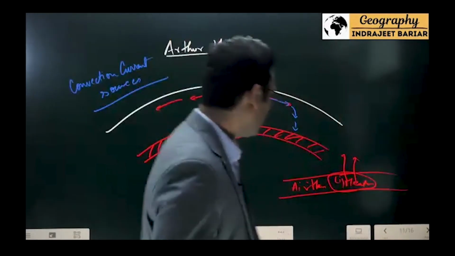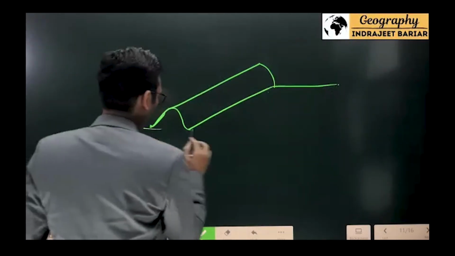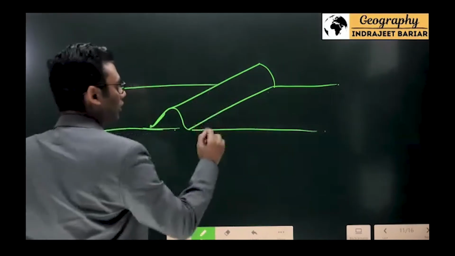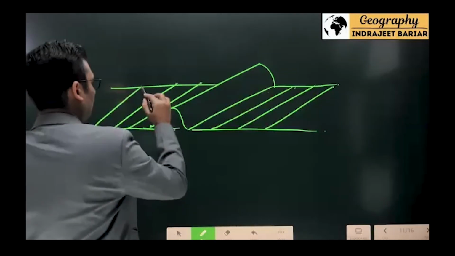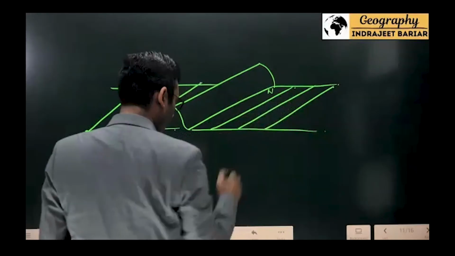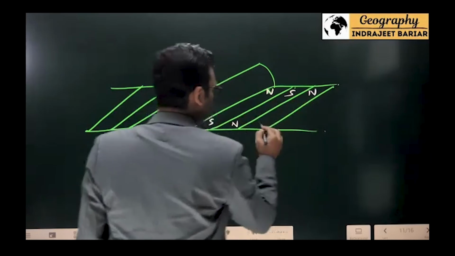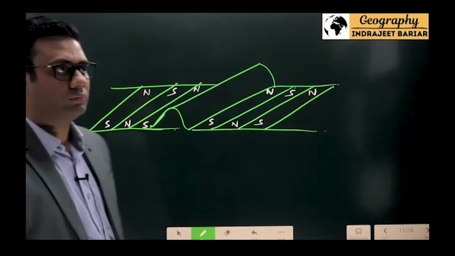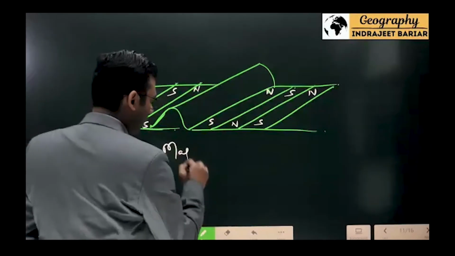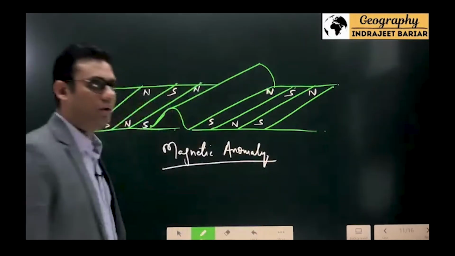So what was found is, if this is the MOR, on either side of the MOR, they found the rocks arranged in patterns like this, which had magnetic polarity preserved as north-south, south-north, north-south, and likewise the same symmetric pattern over here. This has been called magnetic anomaly.